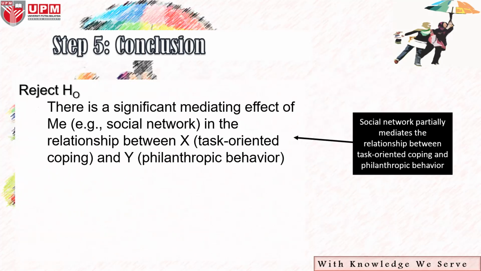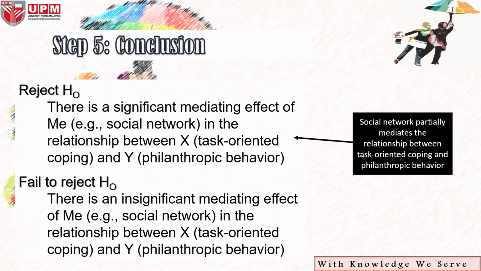So this is our conclusion: there is a significant mediating effect of the mediator, social network, on the relationship between X, task-oriented coping, and Y, philanthropic behavior. So we can conclude that social network partially mediates the relationship between task-oriented coping and philanthropic behavior.